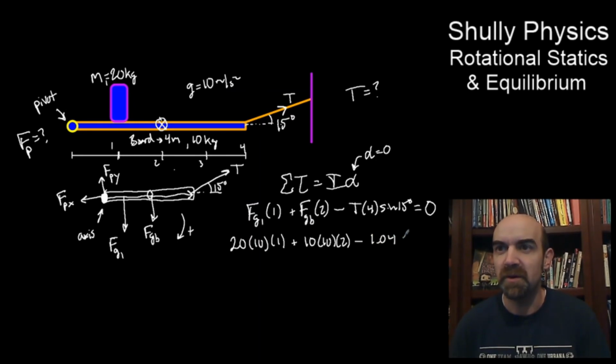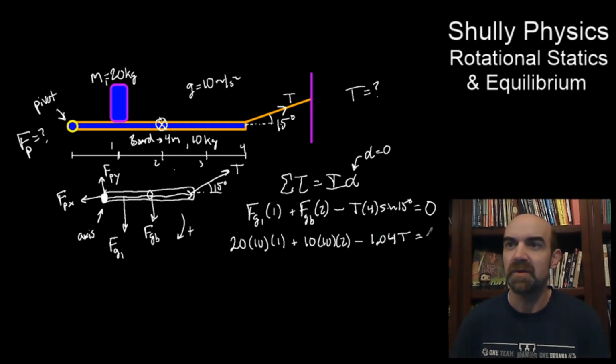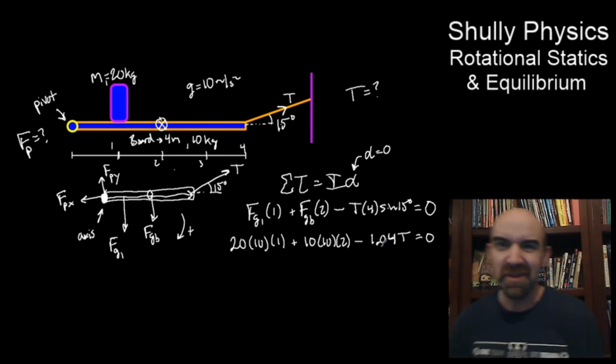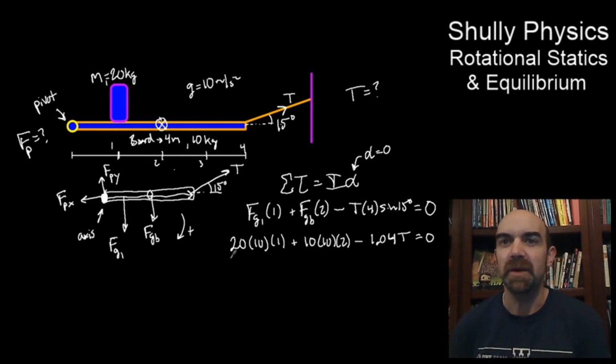1.04 T. Whenever I'm making up some numbers here, I like to keep 3 significant figures. That gets us always within 1% of any other answer you might come up with. All right, so 20 times 10 is 200. 10 times 10 times 2 is another 200.